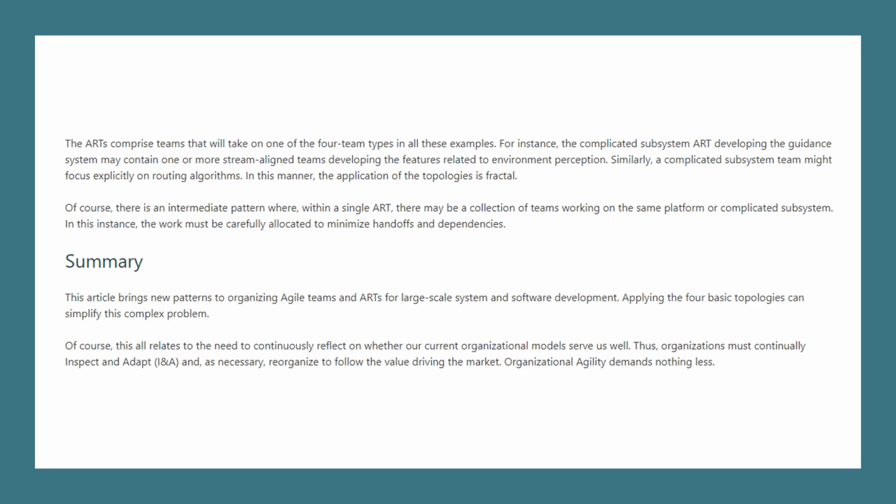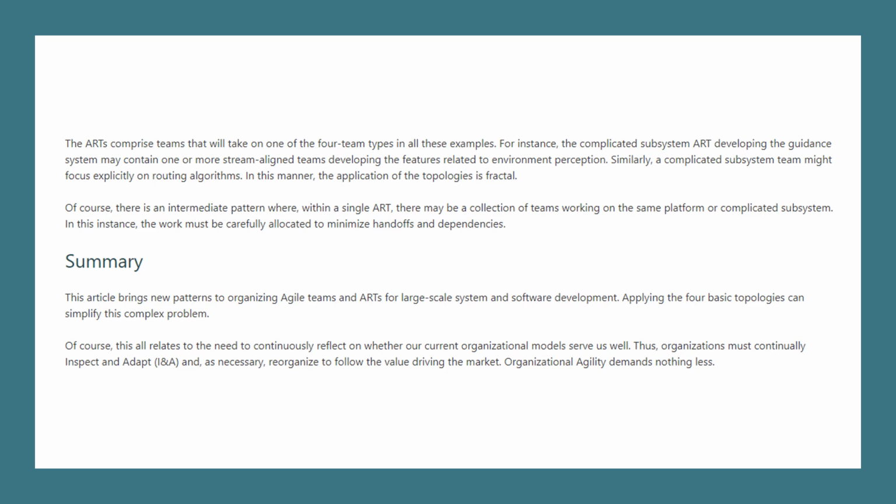For instance, the complicated subsystem ART developing the guidance system may contain one or more stream-aligned teams developing the features related to environment perception. Similarly, a complicated subsystem team might focus explicitly on routing algorithms. In this manner, the application of topologies is fractal.